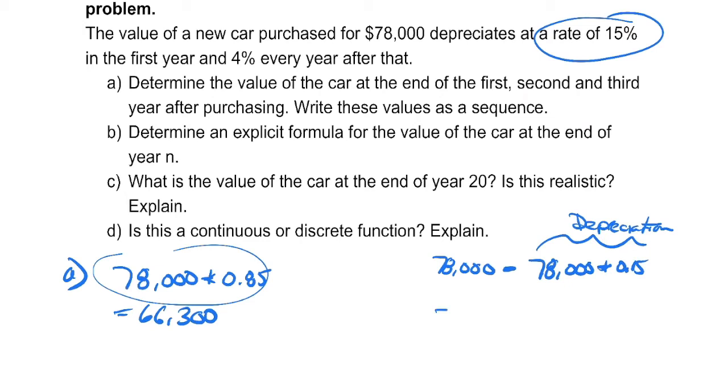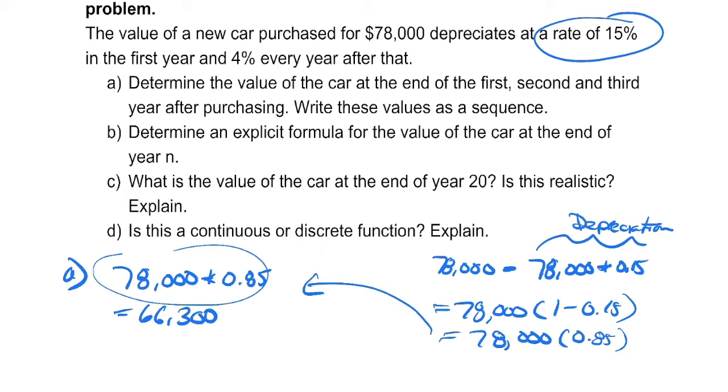If I factor out 78,000, I get 1 minus 0.15, and this turns out to be the same thing as 78,000 times 0.85. So this is why we can take that shortcut to figure out the value of the car after a certain depreciation. So that's the 1 year.